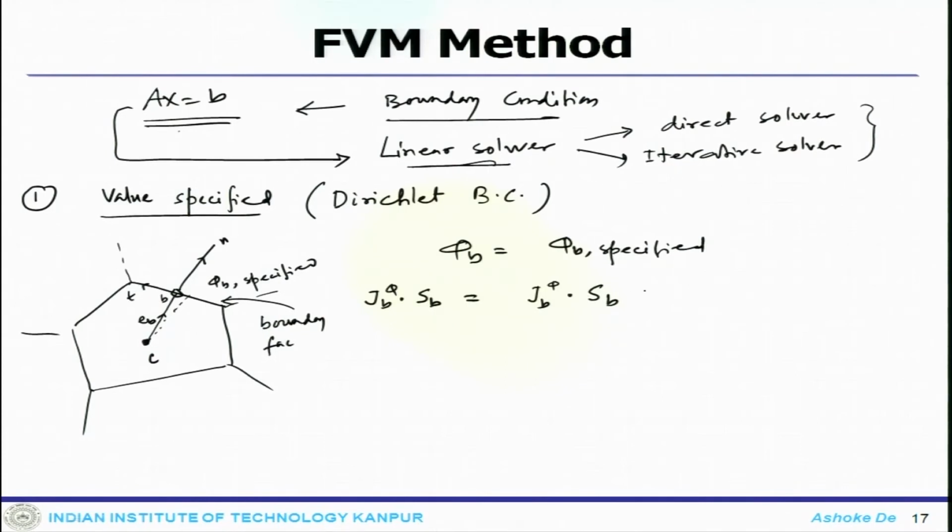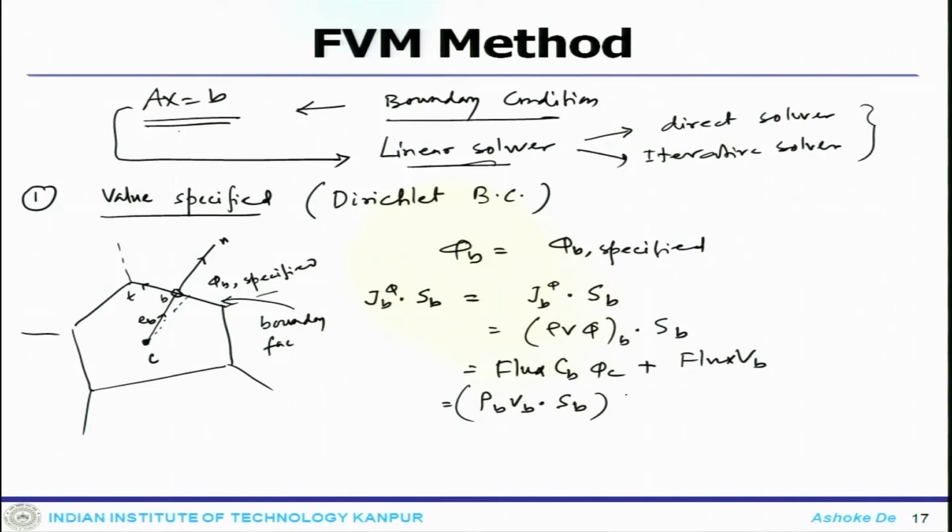Taking the convective part, rho V phi B dot, this is flux C B phi C plus flux V B. So this will get you back rho B V B dot S B phi B, which is nothing but m dot F phi B specified.